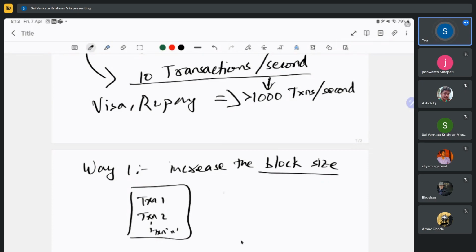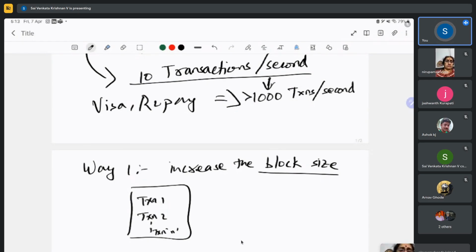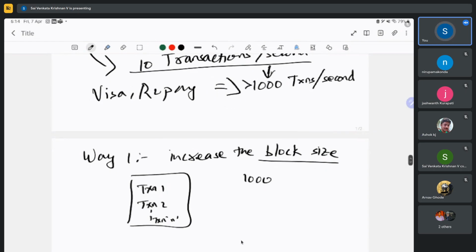So if every transaction takes around say 100 KB or something, at most it can fit 1000 transactions, if the block size limit is like 4 MB or something.